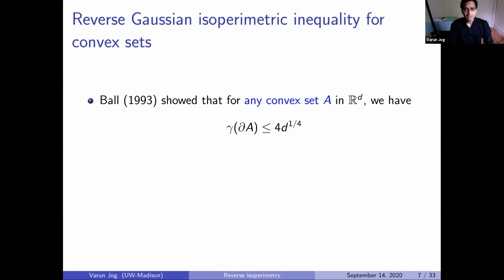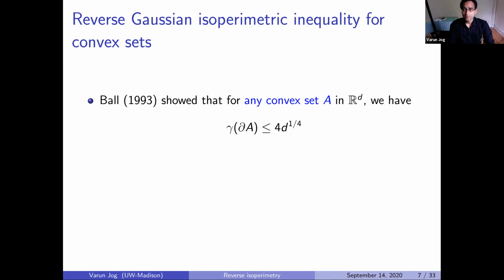The result that was shown by Keith Ball in '93 was that you can take any arbitrary convex set in R^d, then its Gaussian surface area is upper bounded by 4 times d to the 1/4, where d is the dimension. So of course, this is independent of the bound. You don't need the set A to be bounded or anything.